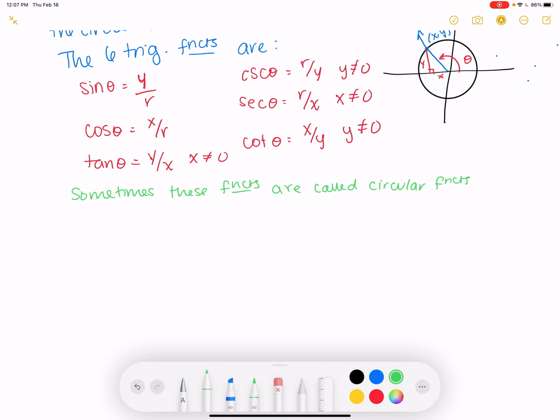Now the unit circle is next, and I've mentioned this several times. We've already looked a little bit at it, and we're going to get a lot more in depth with it in this section.